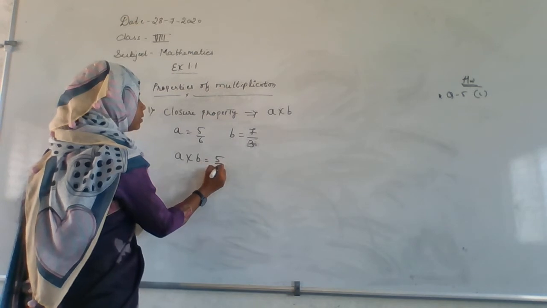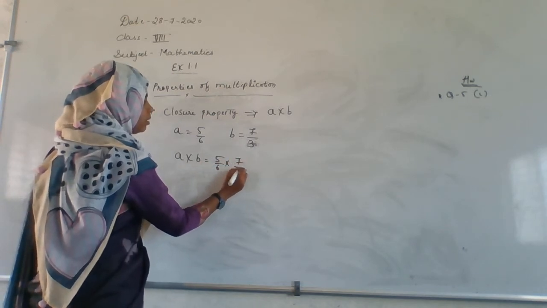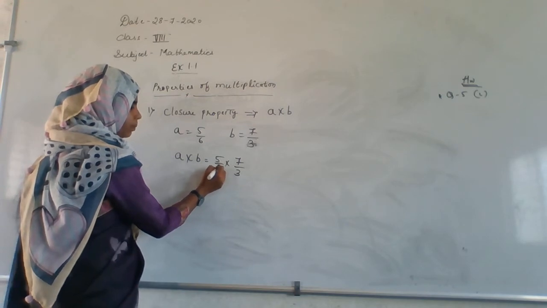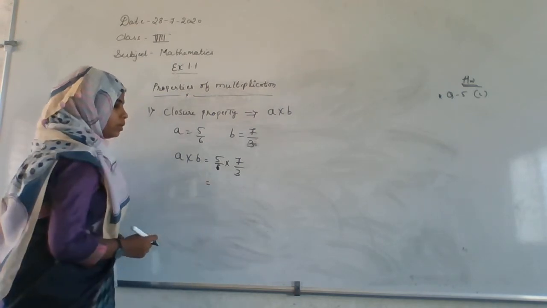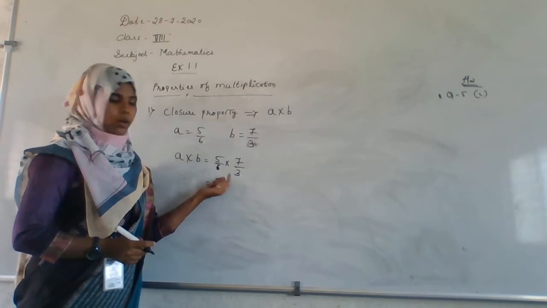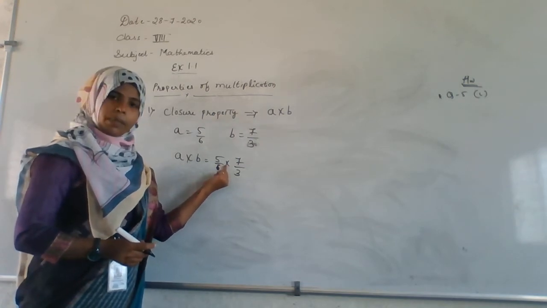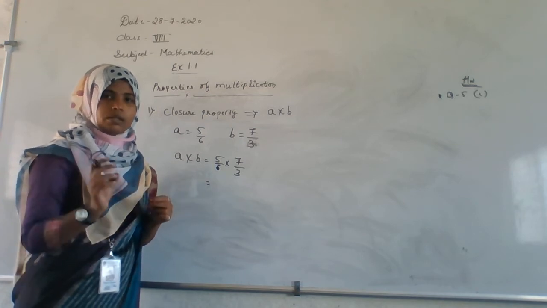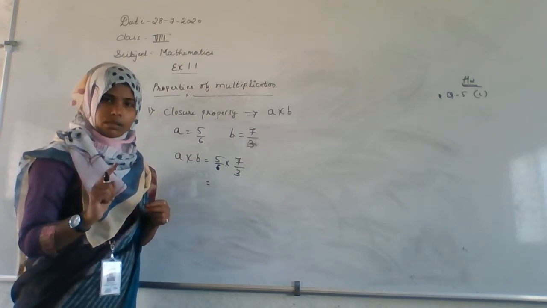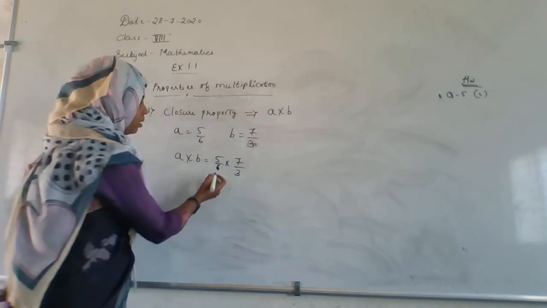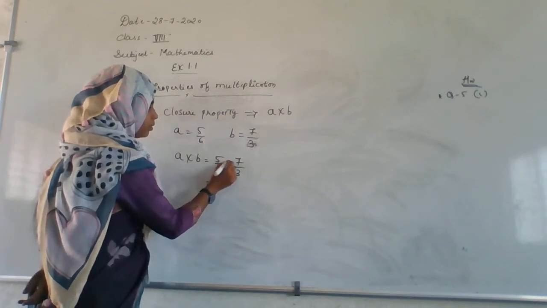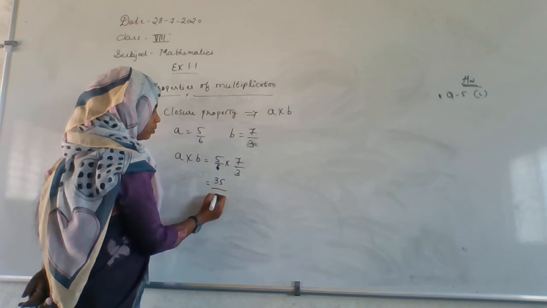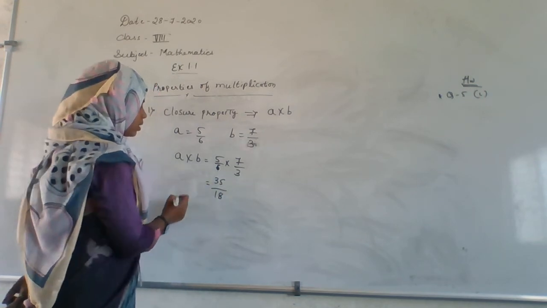Then 5 by 6 into 7 by 3. Can we cancel any numbers here? No. That's why just multiply, because our operation is multiplication. Here we are not taking any LCM, just multiply. 5 sevens are 35 and 6 threes are 18.